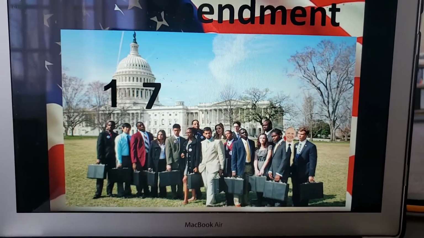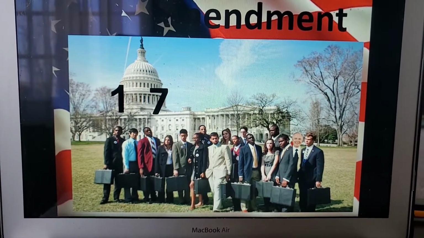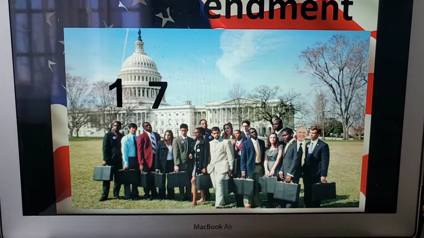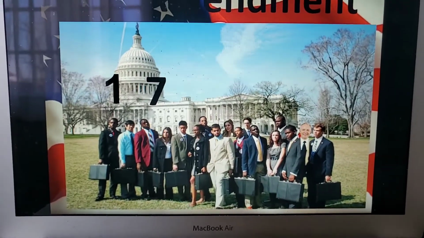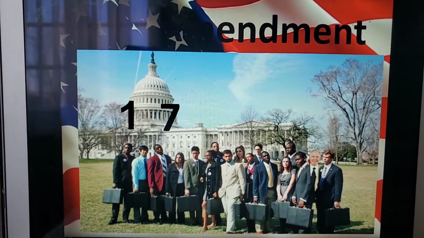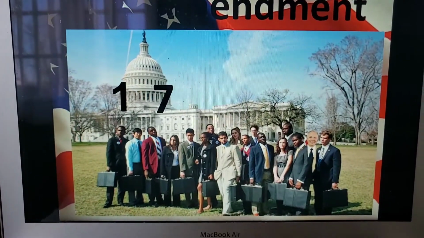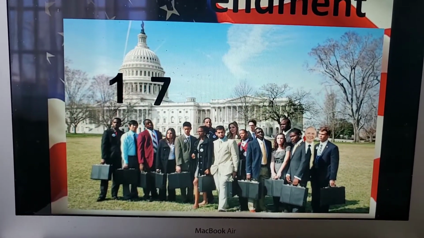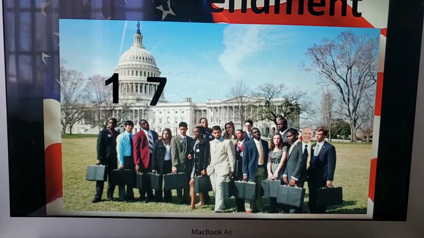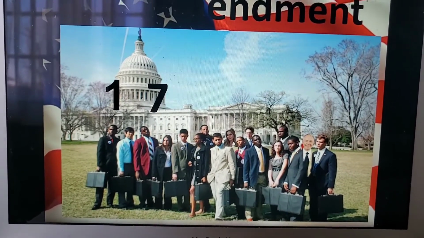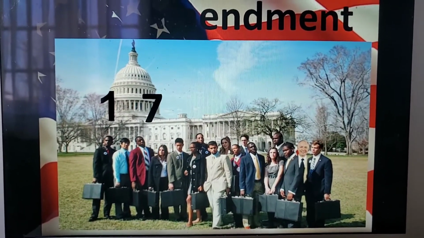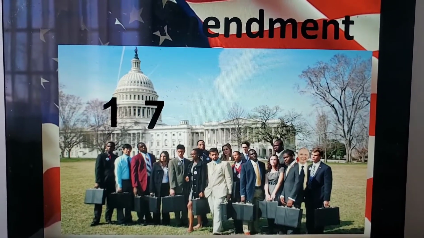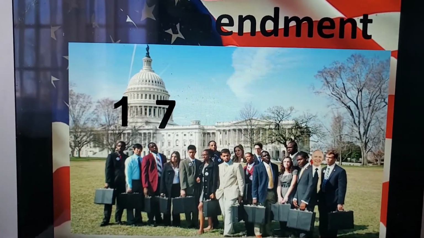The 17th Amendment is the idea that senators are elected by popular vote. So previously, they were elected by state legislators, and they chose. But the amendment was passed during the populist movement, which gave people more power.